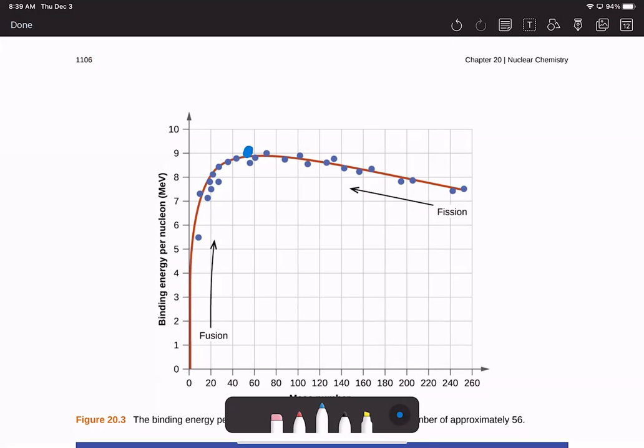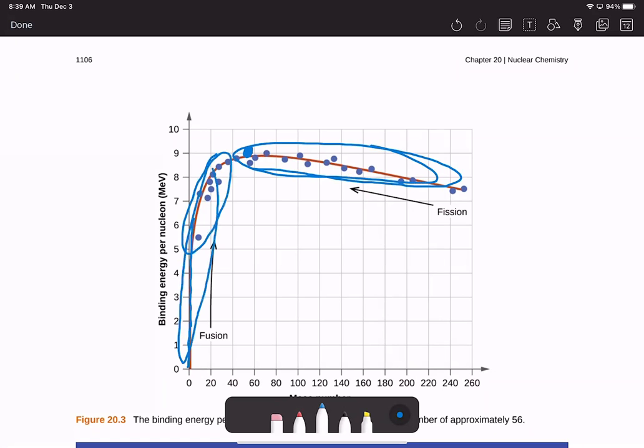The binding energy is really weak up until we get to right between 40 and 60. So these here end up being a lot more stable than these here, because we're getting a stronger binding energy, and it does end up capping out.